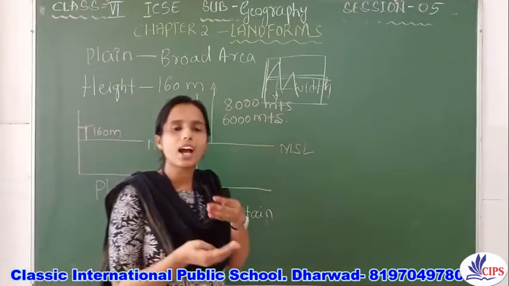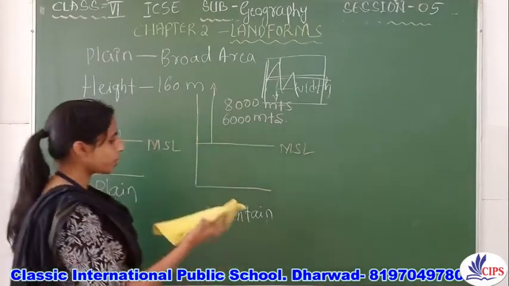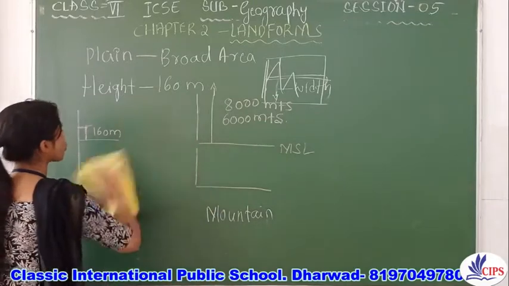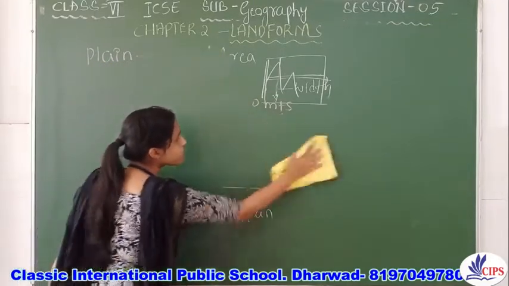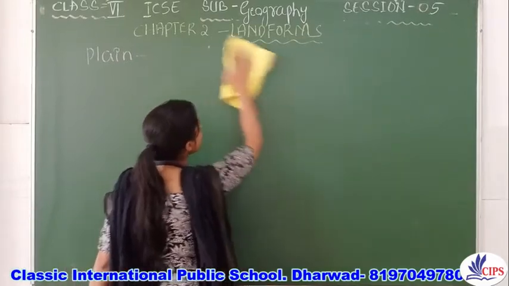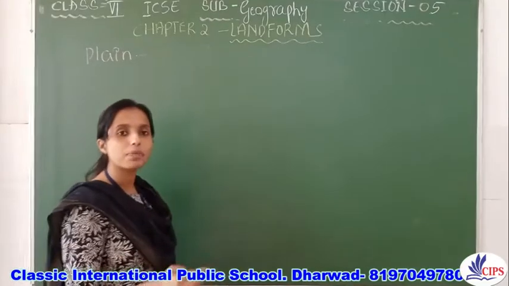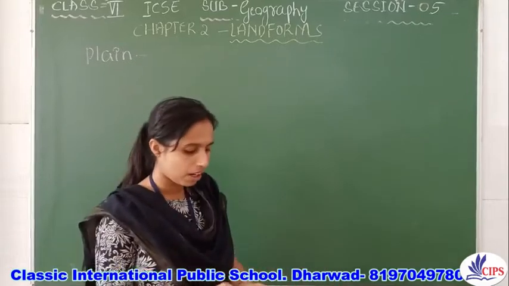Again, the plain area is divided into two types, on the basis of the origin or formation. One is the structural plain and the other one is the depositional plain.